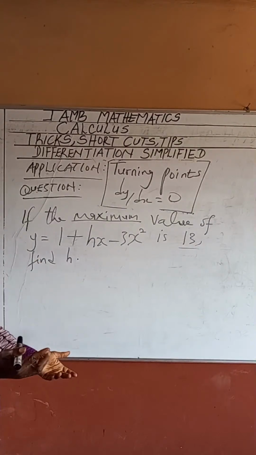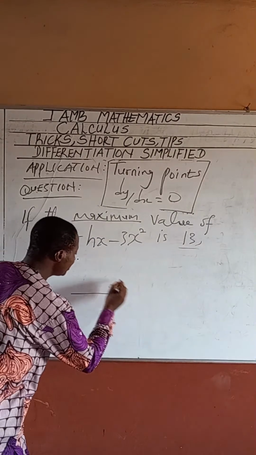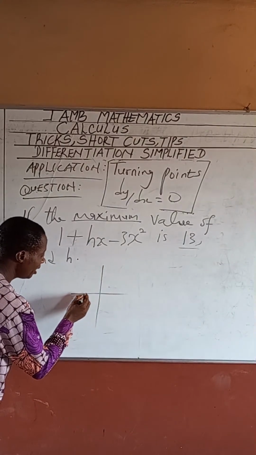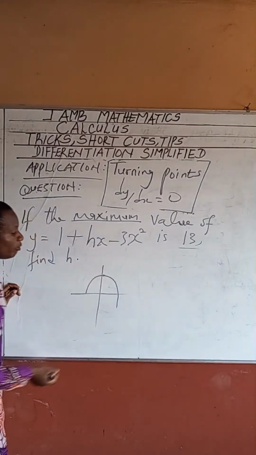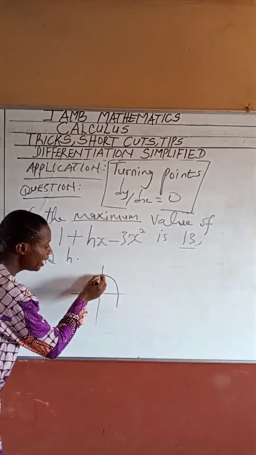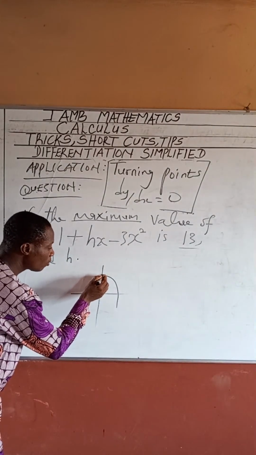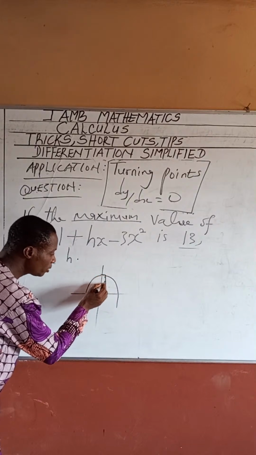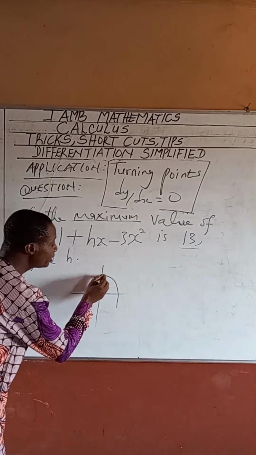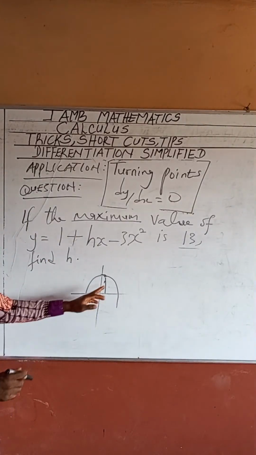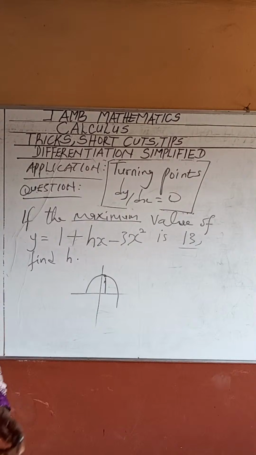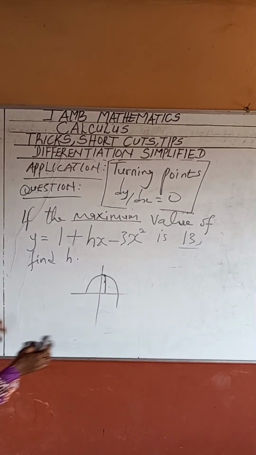If you have a curve and a maximum value at this point, there is a value for x and y, but there is no change in that value. It's a constant value, just at that point.